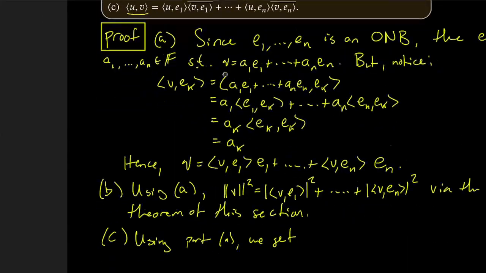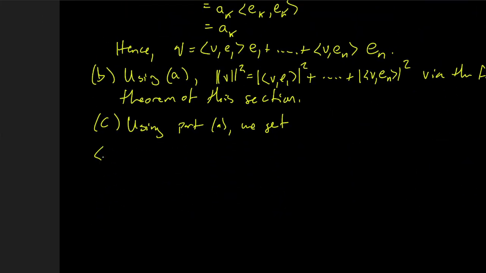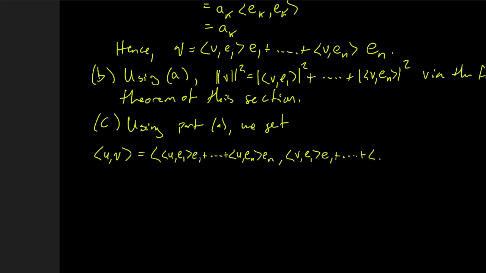So we've got a U and a V. Inner product of U with V. Well, how can we write U? I'll write U out as the inner product of U with E1 plus dot dot dot all the way down through the inner product of U with En. And then for V, I'll just do the same thing. Inner product of V with E1 plus dot dot dot all the way down through inner product of V with En.